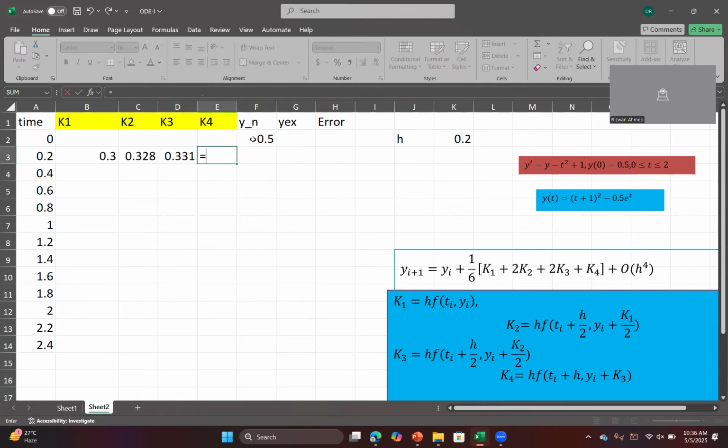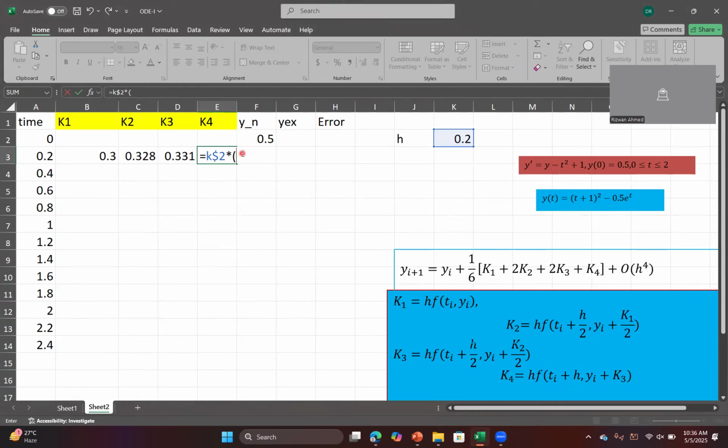Now, the K4 calculation requires h, which I have adopted from the respective cell, times the function evaluated at the end of the interval, ti plus h and yi plus k3. So t must be replaced by ti plus h, and every y is replaced by yi plus k3.